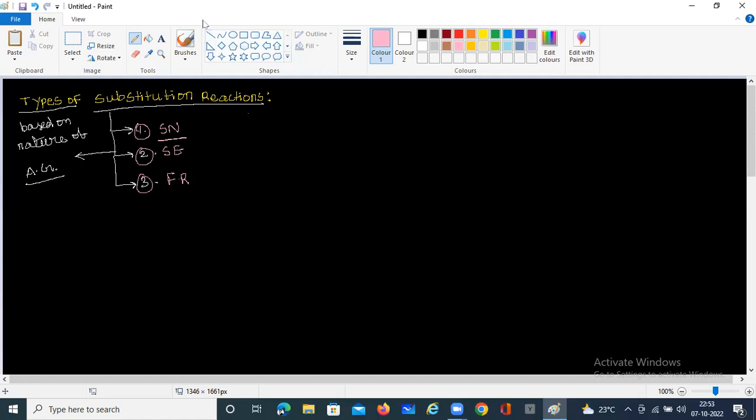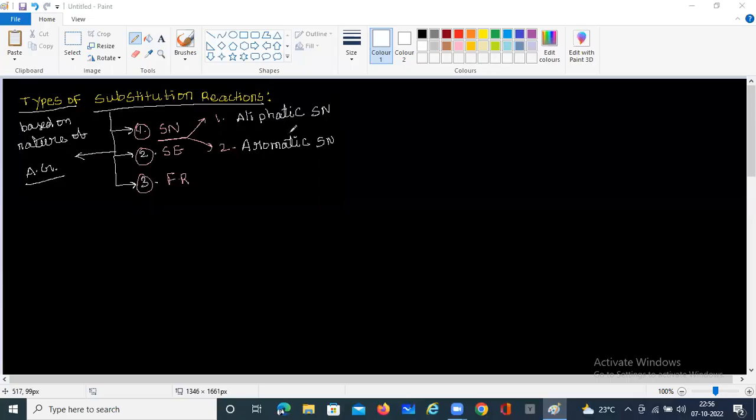Clear? As I said, in this topic we need to learn only nucleophilic substitution reactions. They are again classified into 2 types. The first is aliphatic nucleophilic substitution; aliphatic means open chain.